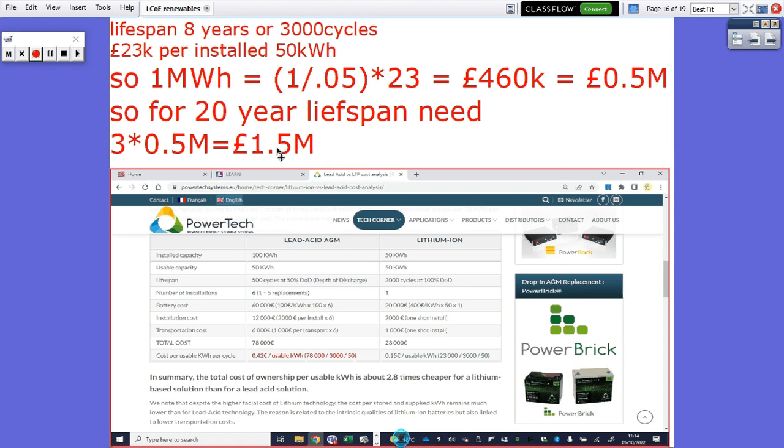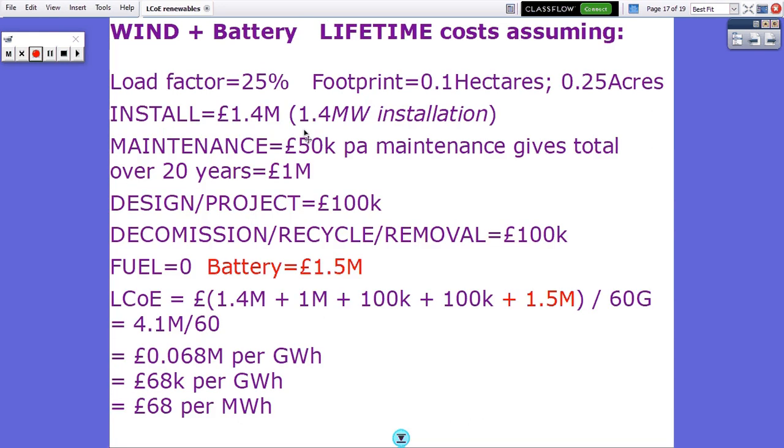So we're going to then redo the levelised cost of energy for wind to include the 1.5 million battery to make it more pragmatic for the factory. If we include battery costs, £1.5 million over the 20 years, then the original figure is significantly increased up to £68 per megawatt hour with battery storage.